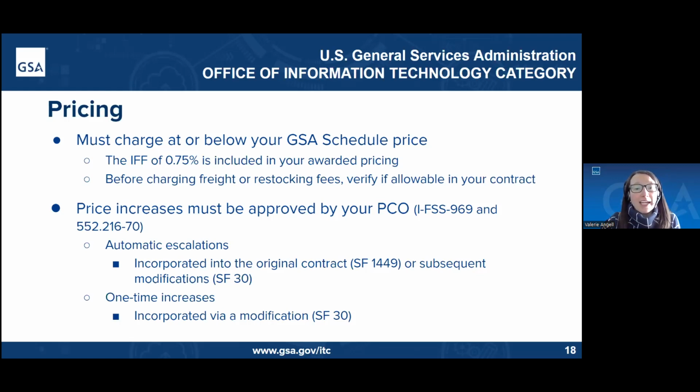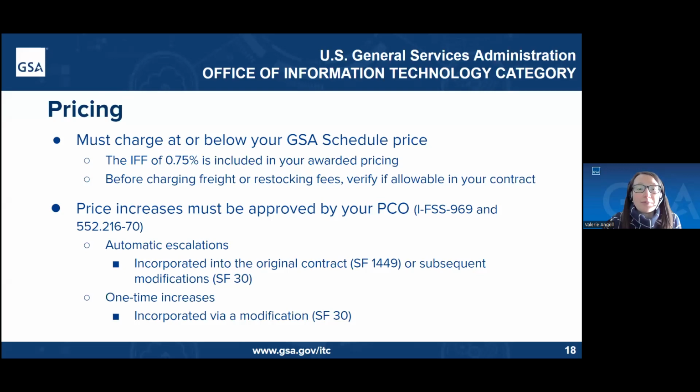And IFSS 969 B1 encompasses automatic escalations. And so this is typically an annual automatic escalation, and it would be incorporated into the original contract at award or via subsequent modifications.